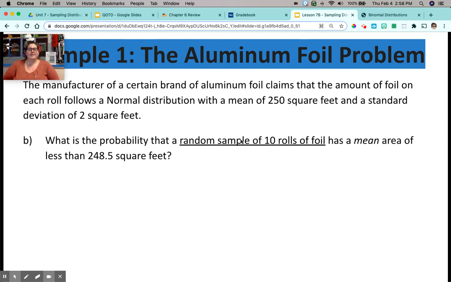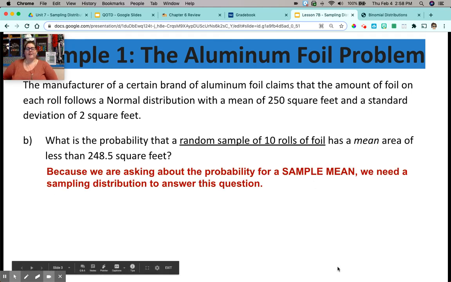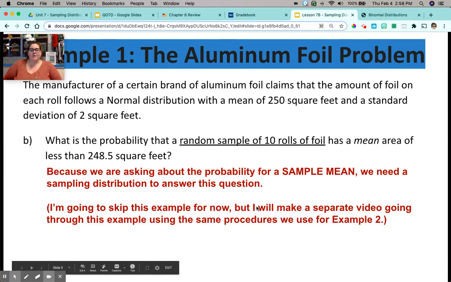Now that I'm talking about a sample, specifically a sample mean, I cannot use the original normal distribution. I have to think about what the sampling distribution for samples of 10 rolls looks like. That's what I'm dealing with. Because we're being asked to find the probability for a sample mean, we have to have a sampling distribution in order to answer this question.